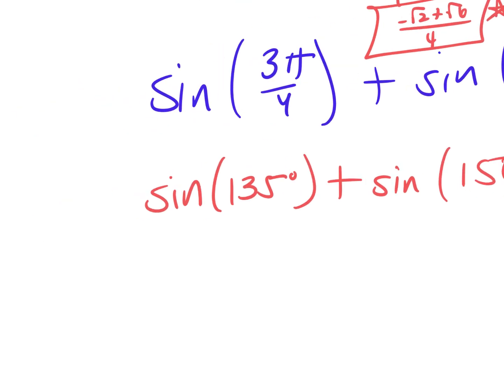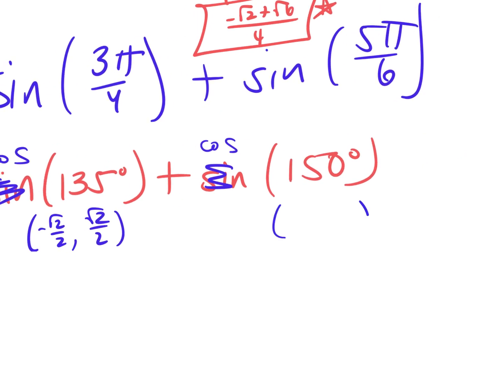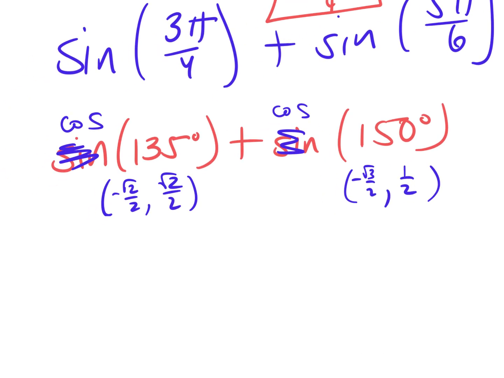Now, let's go ahead and change this to cosine because I did in the last problem, just to change it up a little bit. All right, what's the ordered pair at 135? We already did this. What's the ordered pair? Positive or negative? Thank you. And then 150, what is it? 1/2, okay. So again, cosine, sine, cosine, sine.